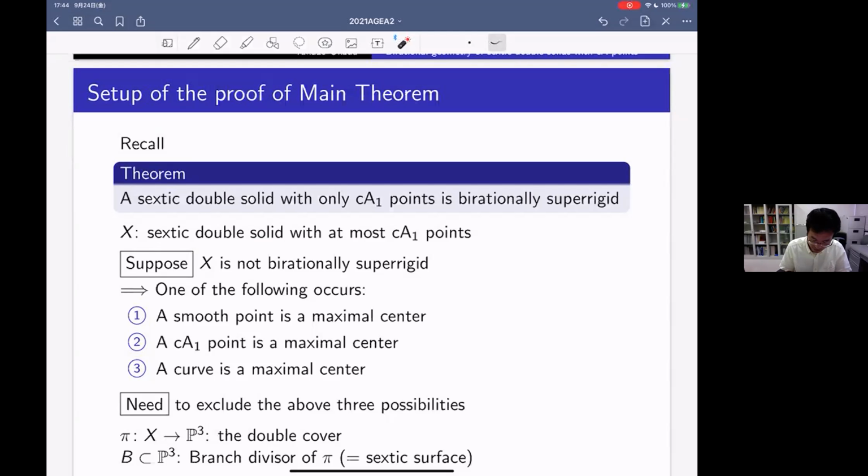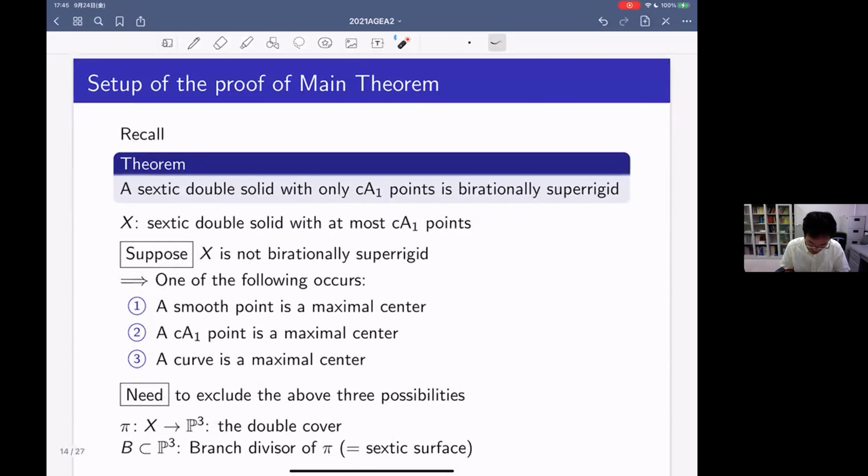Since X is a threefold, we have the following three cases. Firstly, a smooth point is a maximal center. Next, a singular point, in this case a CA1 point, is the maximal center. And finally, a curve is the maximal center. So we have three possibilities, and for the completion of the proof, we need to exclude these three possibilities.